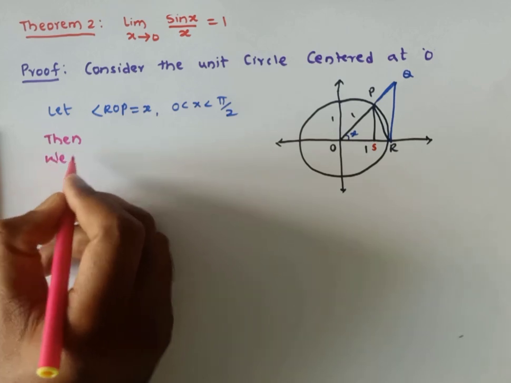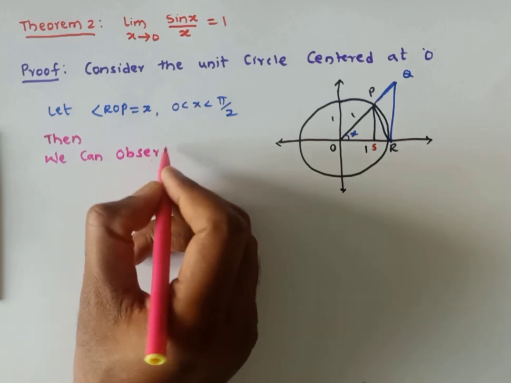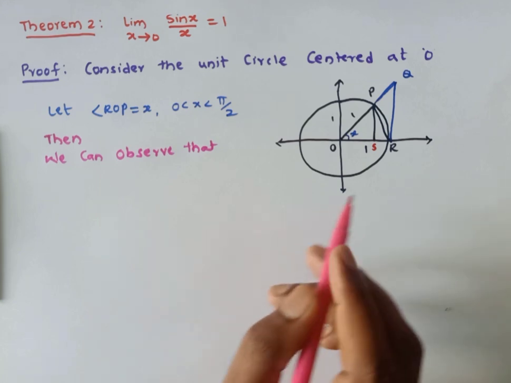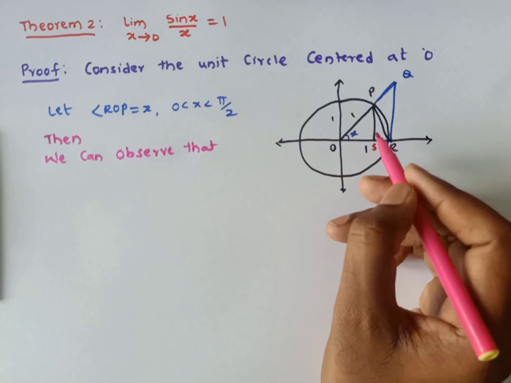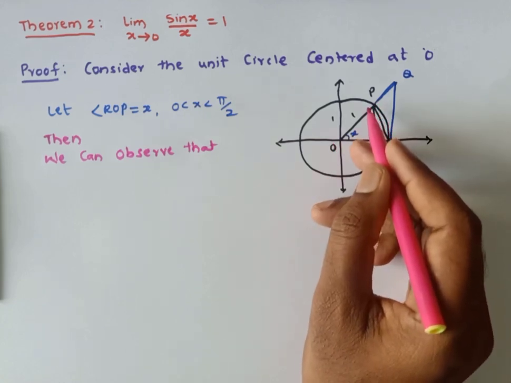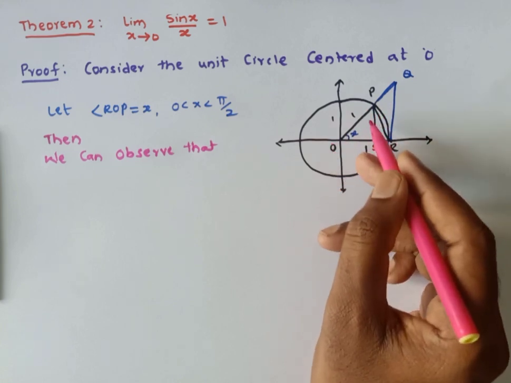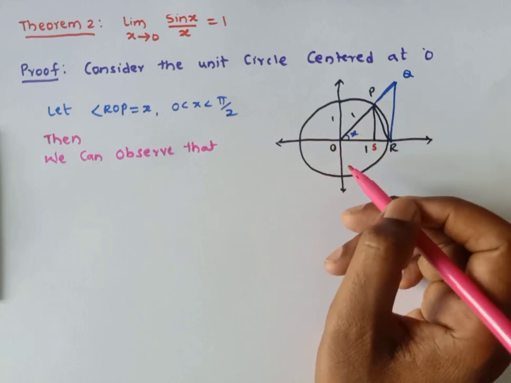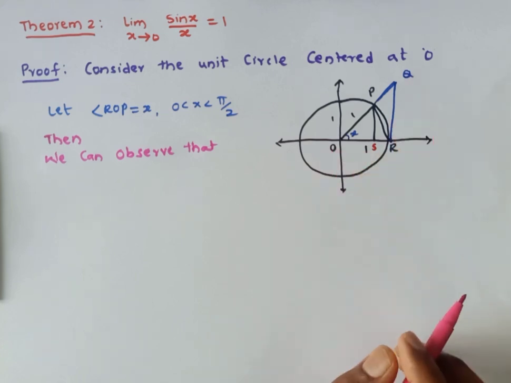Now we can observe from this figure that there are 3 figures: triangle and arc. ROP is a triangle and ORP is a sector, the part of the circle, and the big triangle ORQ is also a triangle.